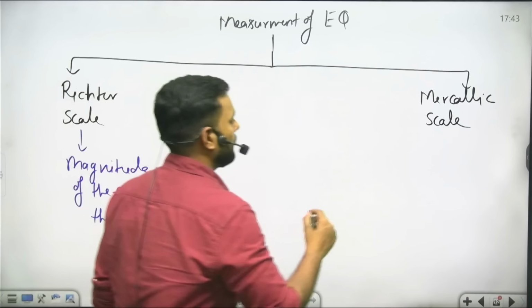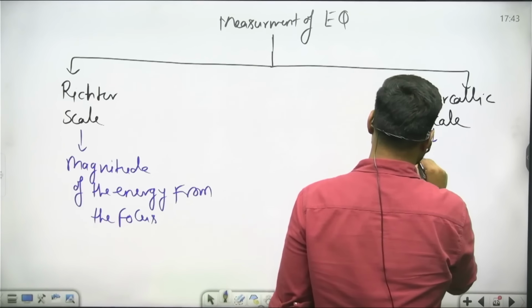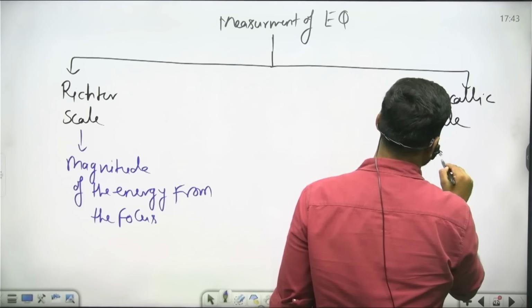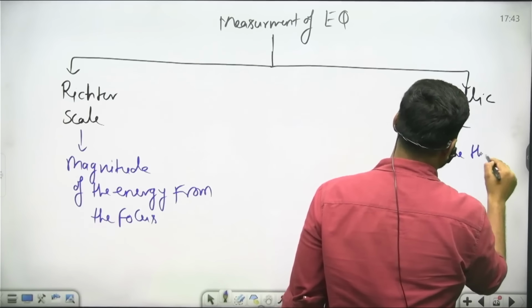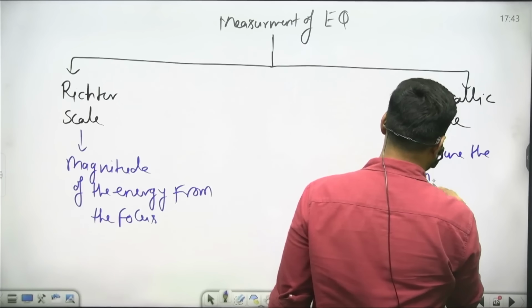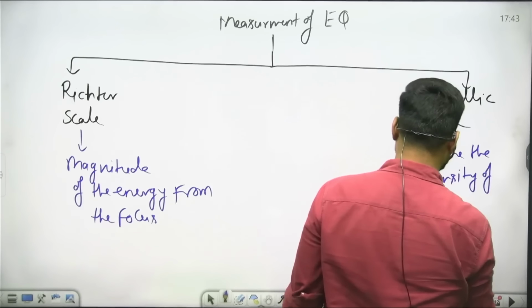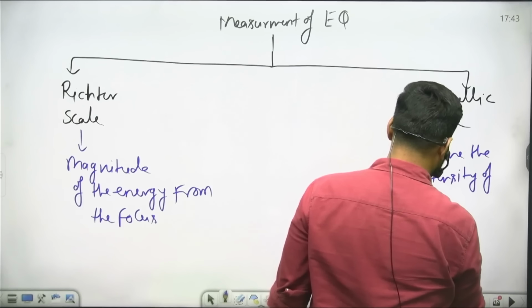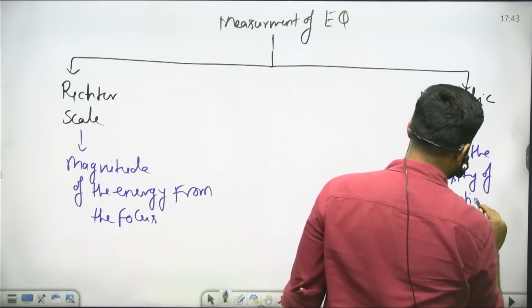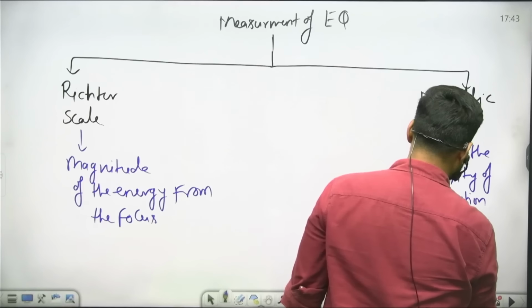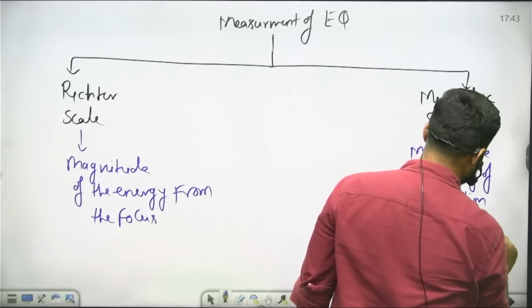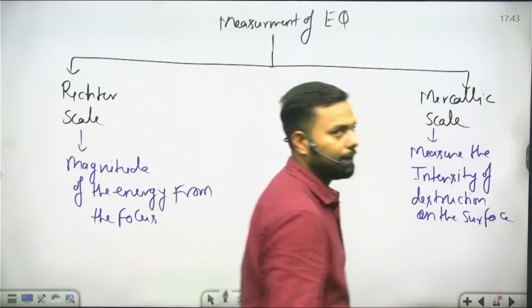And Mercalli scale measures the intensity of the destruction on the surface. इसका मतलब क्या है.